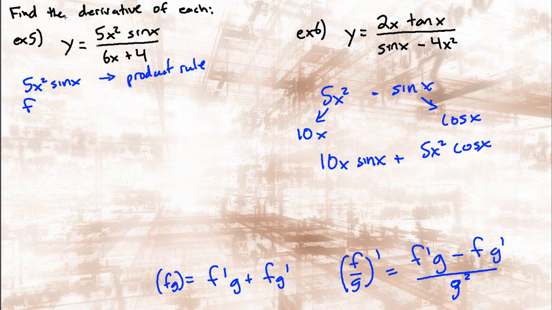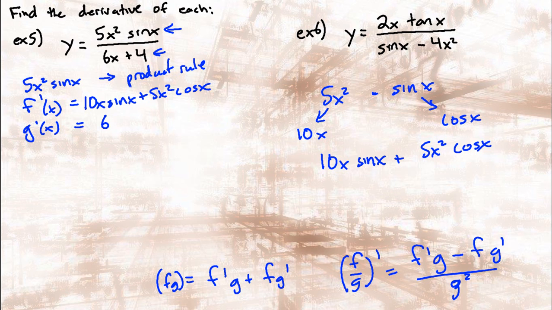So f in this case is this numerator, and that derivative was all of this stuff that we found over here, which is 10x sine x plus 5x squared cosine x. Okay, now the derivative of our denominator. This is our denominator. That's easy. The derivative of that is 6 and nothing else, because the derivative of the 4 would be 0.